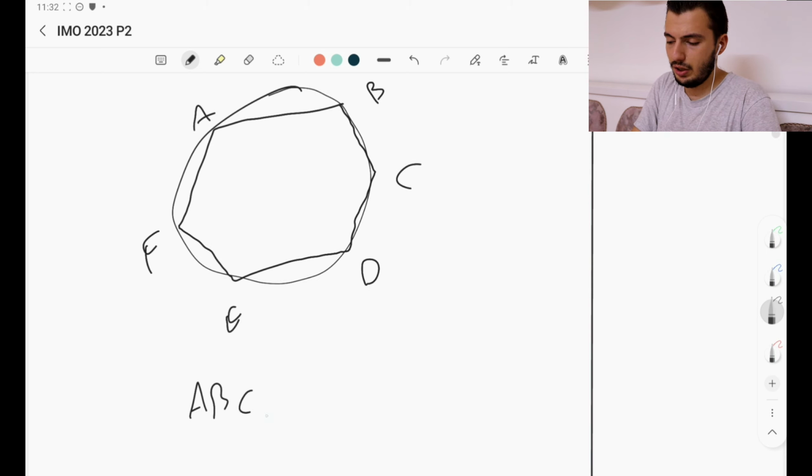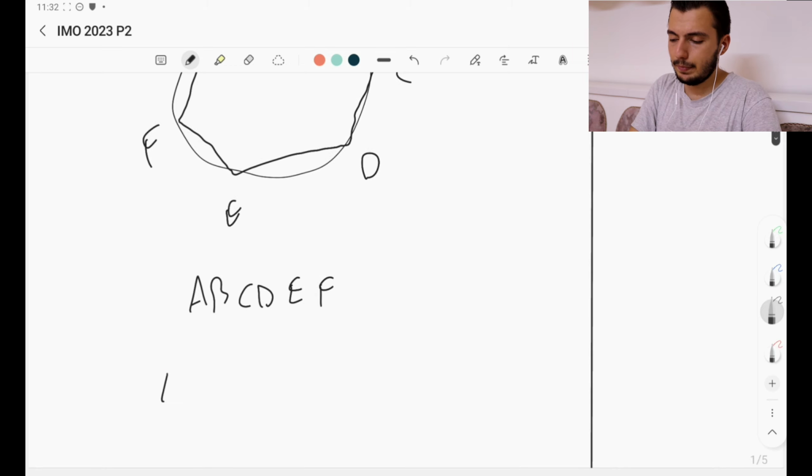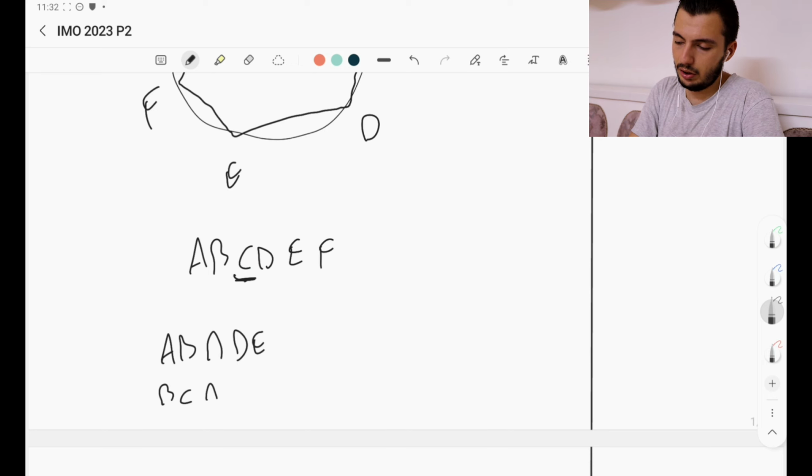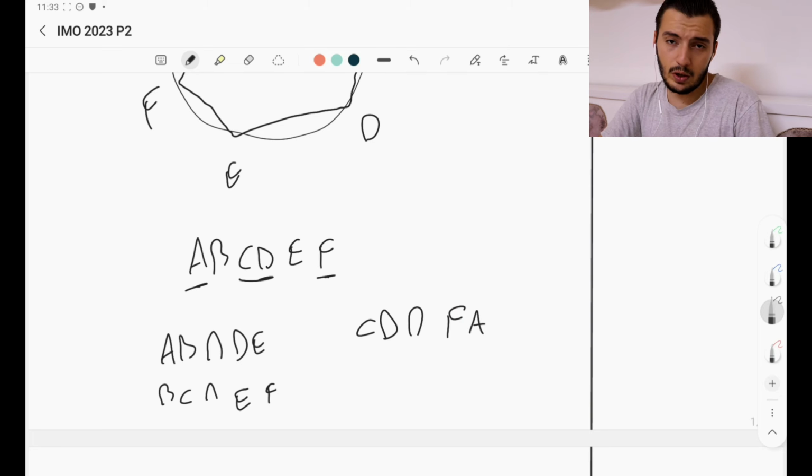If you write A, B, C, D, E, F, and it is cyclic, we are assuming it's cyclic, take AB intersection with DE, then BC intersection with, okay, we always skip 1 point, so here we skipped C, then we took BC, now we skip D, so we have EF, and finally we have CD, now we skip E, so we get F and A, so FA. These 3 intersection points are collinear. This is called Pascal's theorem.